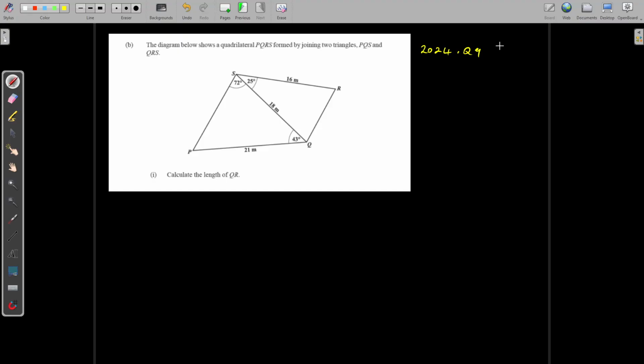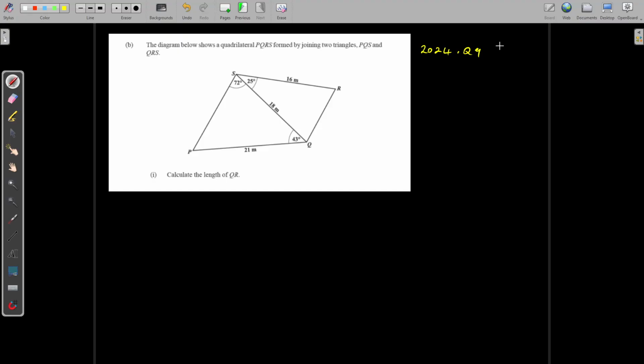Alright, so the diagram below shows a quadrilateral PQRS formed by joining two triangles PQS and QRS. Calculate the length of QR. So remember, whenever we get to these types of questions, they usually ask us to apply some form of trig. It's usually sine rule or cosine rule for the most part.